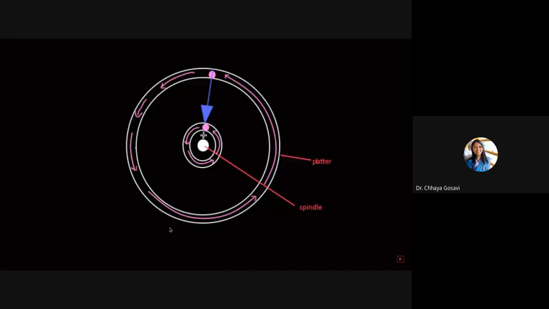If we consider any point along this line, while the platter completes one rotation, all the points on this line will complete one revolution around the spindle and reach the same point here. Because usually in a hard disk, they rotate with constant angular velocity.